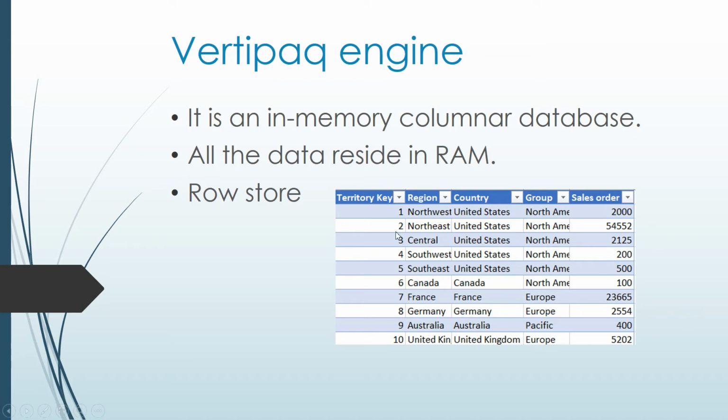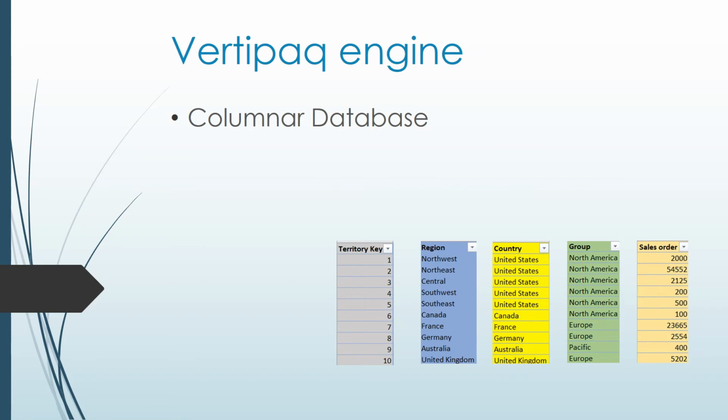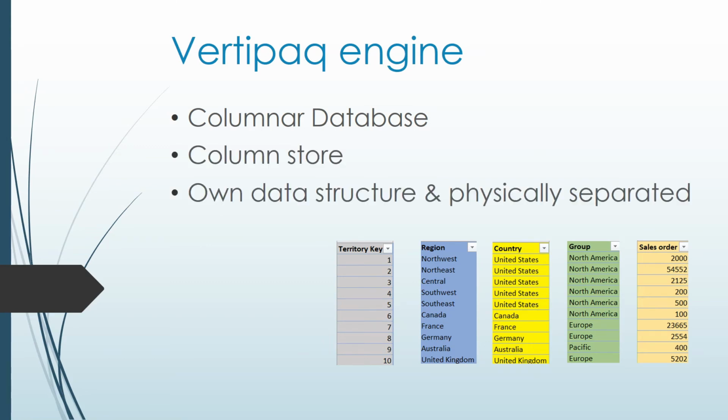These are the columns, and we have 10 rows. That is called a row store. And the VertiPaq engine stores data column-based. So every column has its own data structure and is physically separated from the rest of the columns. Like here you can see the territory key is one column, then region, country, group, and sales order.